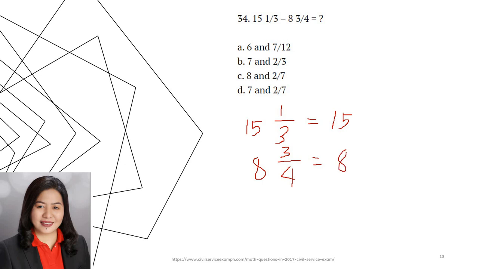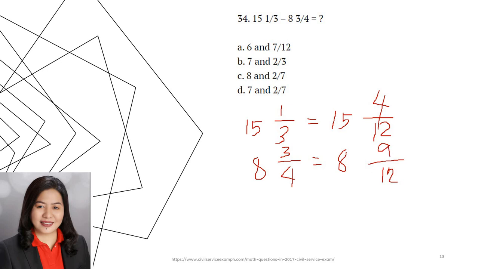Since there is no common factor between 3 and 4, we simply multiply 3 by 4, which gives us 12. We can only do the ladder method if there is something common among the given denominators. So 12 by 3 is 4 times 1 is 4. 12 by 4 is 3 times 3 is 9. So can we subtract 4 by 9?